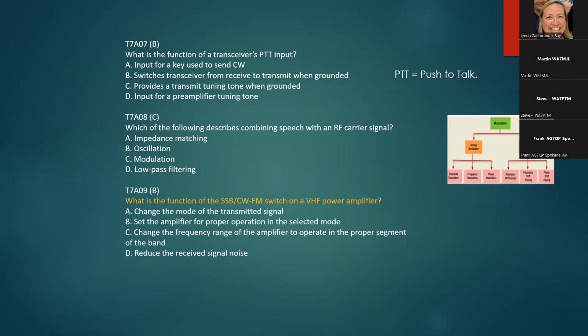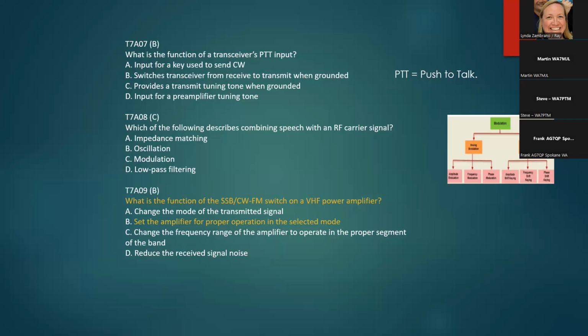Question 9 here. What is the function of the SSB CW and FM switch on a VHF power amplifier? Well, that is a switch that sets the components of the amplifier in proper operation in a selected mode. Generally, VHF is run in the FM mode.